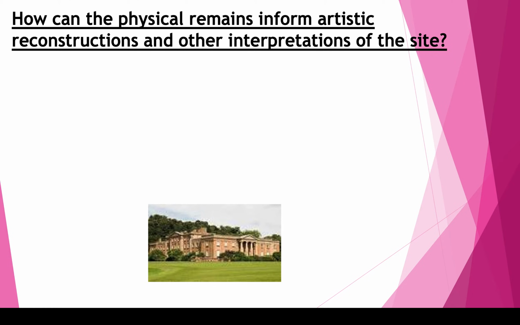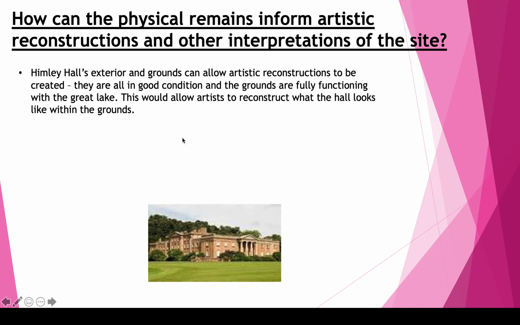So those old pictures that you have seen of Himley, for example, from the prior to 1740 period with its moated manor house and the drawbridge and the turrets, these are all artistic reconstructions and interpretations that have been gathered from what we know about the site.